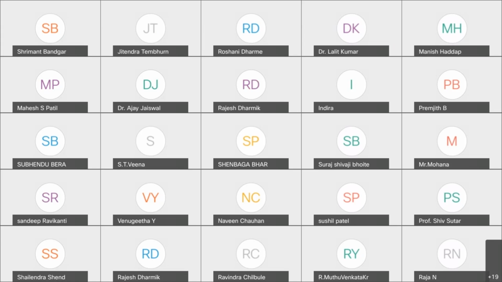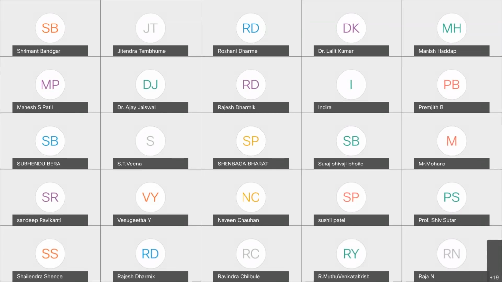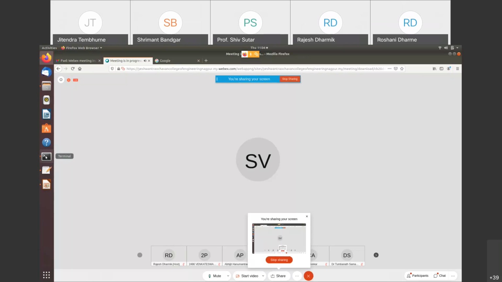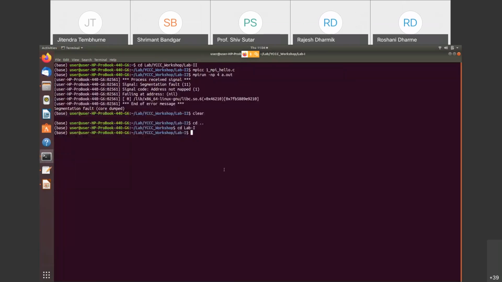So I'll share my screen for the lab. Fine, thanks. So we'll see the programs. Before starting work on OpenMP, we have to see whether OpenMP is available on our machine or not.